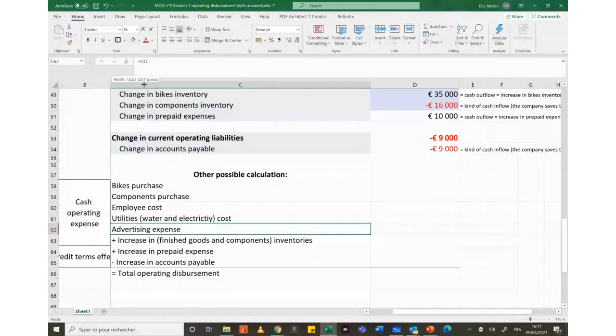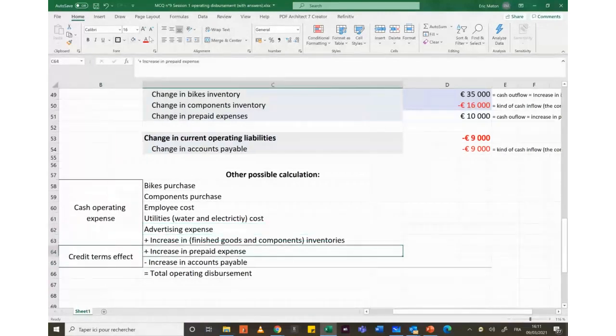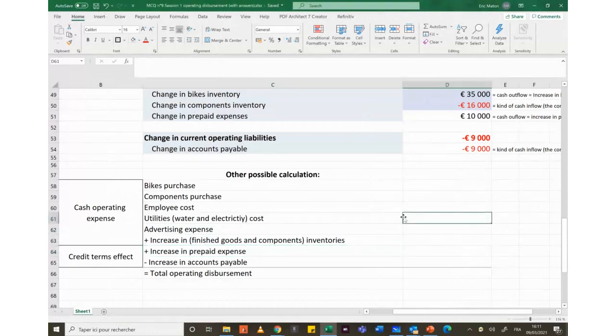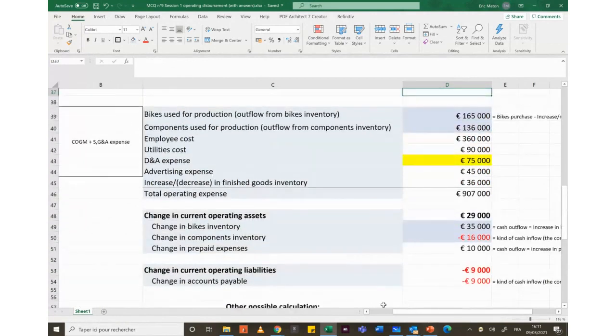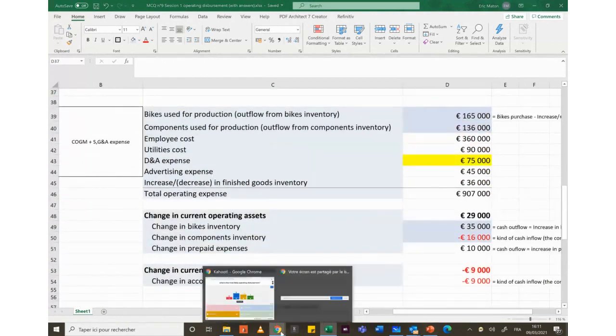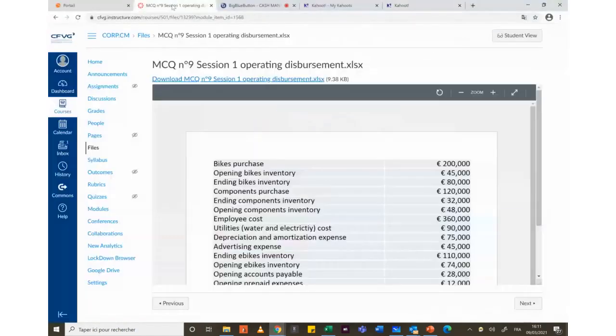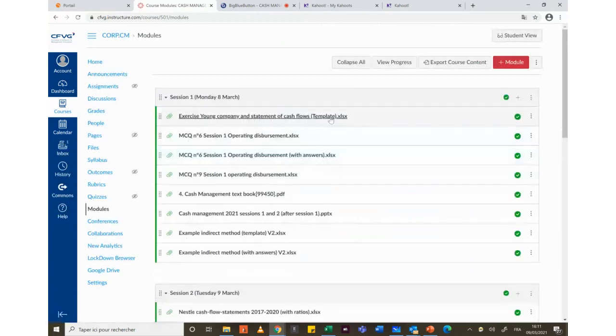Okay. So I finish the correction because it's already 11. I finish the correction and I put the correction on Canvas. And if it's possible for you to start one case study for the session 1, because I spend a lot of time in the correction, maybe for the next session, you can try to do Young Company statement of cash flows.